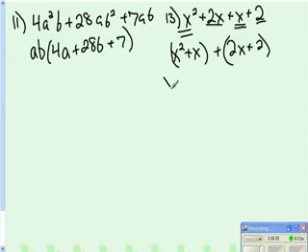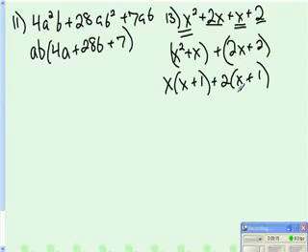Because now I can divide out an x, so if I leave out an x, x squared divided by x would give me x, x divided by x would give me 1. Over here, if I take out a 2, 2x divided by 2 will give me x, 2 divided by 2 will give me 1. Then it's very important that you notice this is the same. X plus 1 is the same as x plus 1.